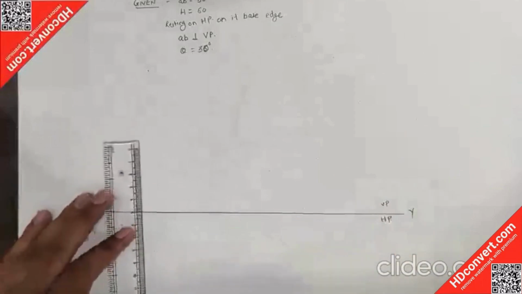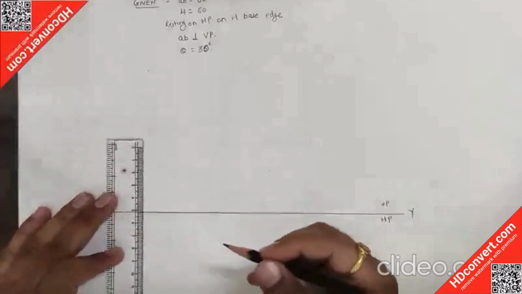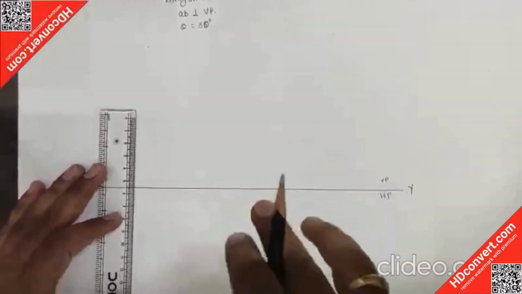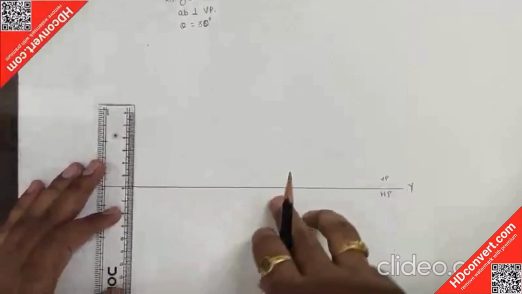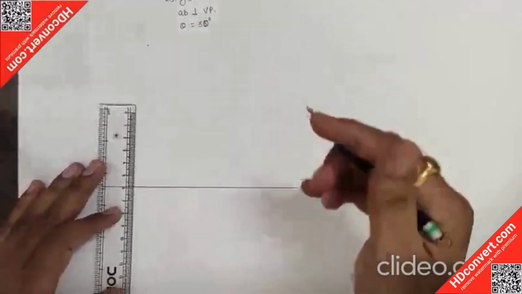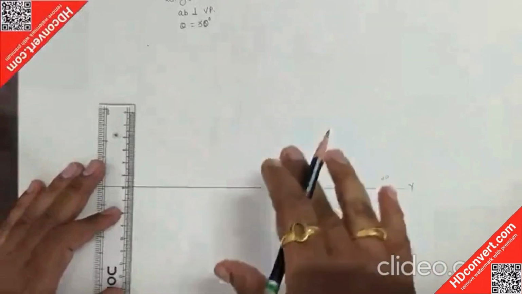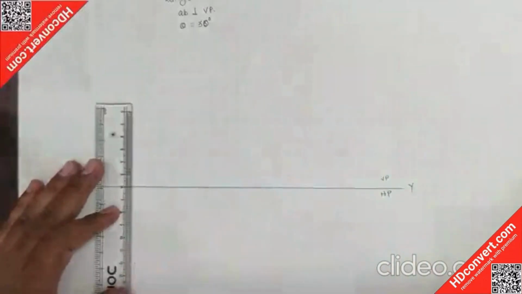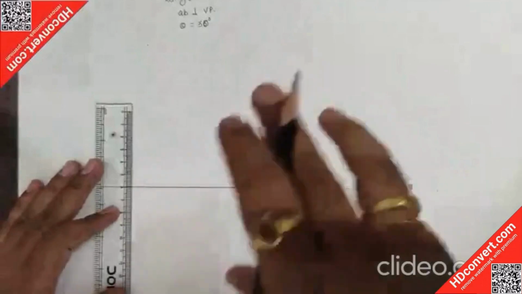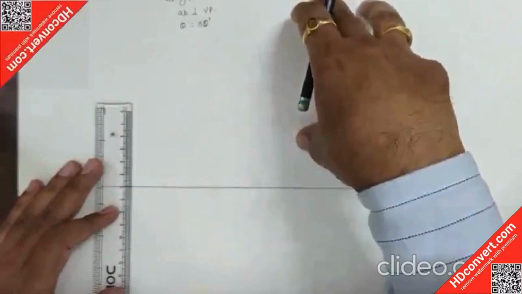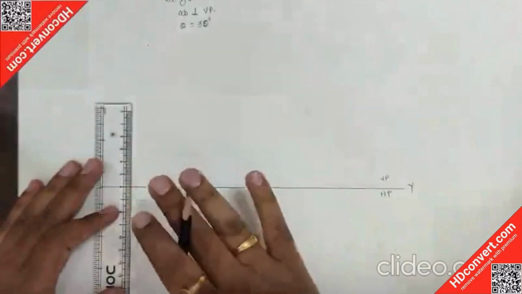Here we will start our drawing from the true shape, which we obtain on the plane to which the base is parallel. In this case the triangular prism is resting on HP, that means the base is parallel to the horizontal plane.